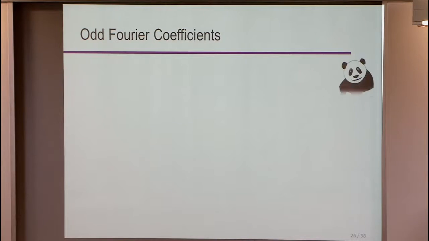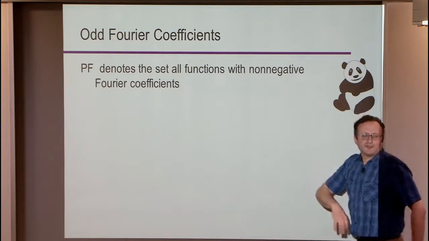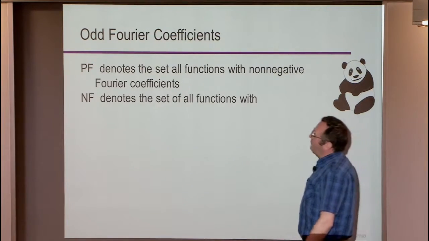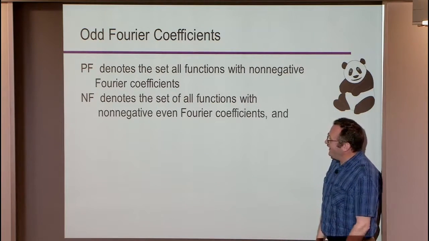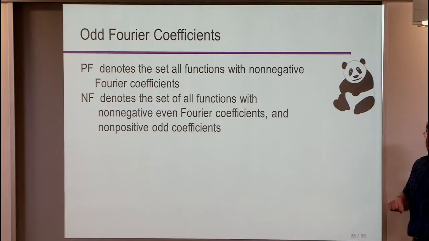Clones that are given by odd Fourier coefficients. Let's take all functions whose Fourier coefficients are non-negative. Or let's take those whose even Fourier coefficients are non-negative, but odd ones are non-positive. Two sets of functions.